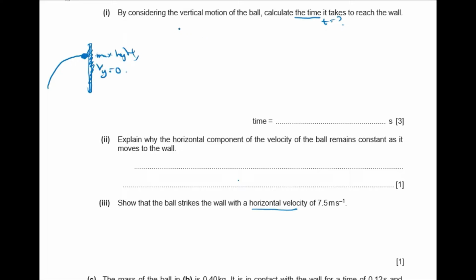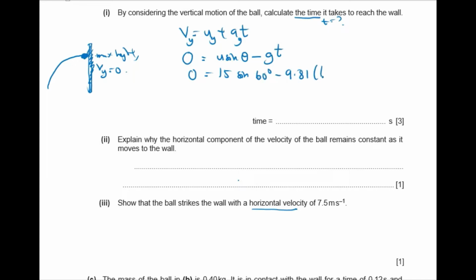Calculate time taken using v equals u plus at. Vertical motion, y component, Vy at maximum height is 0. Uy is u sine theta. Object going upward, so negative g times time taken. So 0 = 15 sin 60 − 9.81 t. t equals 1.32 seconds.